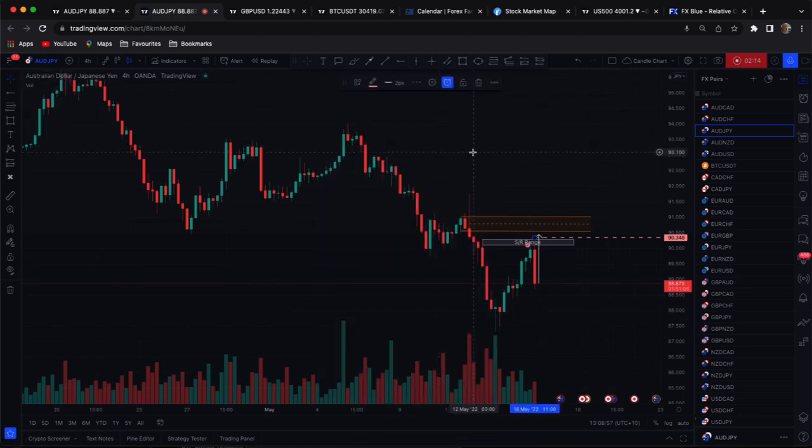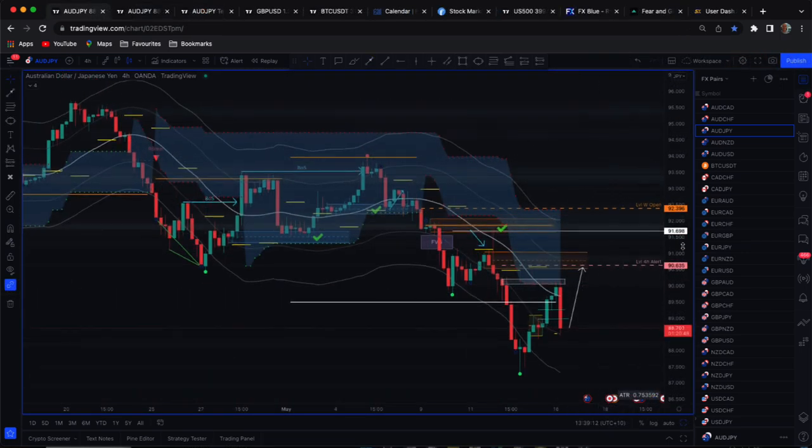That will be interesting. I think that would be a great opportunity, especially if we sweep up above these highs and then wait for the market to rotate on the lower time frame and see if we get a retest and fail of this range here.